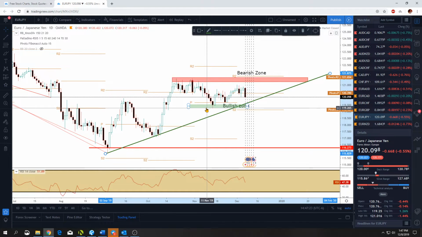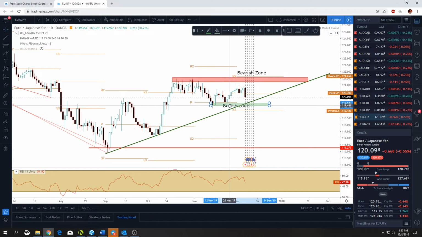I would be bullish if I start to see price respect this old pivot level or this trend line. It's been sideways for a while. It's a little difficult to tell because you've got the euro and the JPY. It's a tough pair because JPY could get really strong this week.